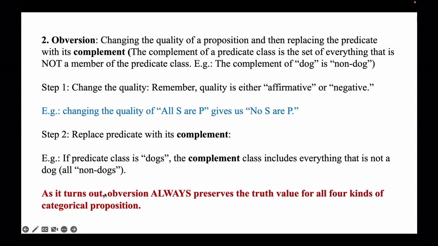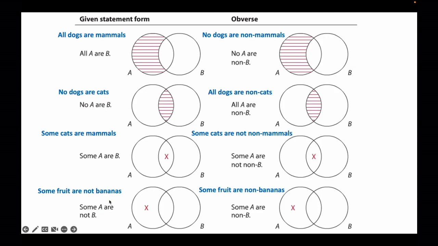As it turns out, when you perform obversion, all the forms A, E, I, and O always preserve the truth value for all four kinds of categorical propositions. Okay? So in other words, you say exactly the same thing.